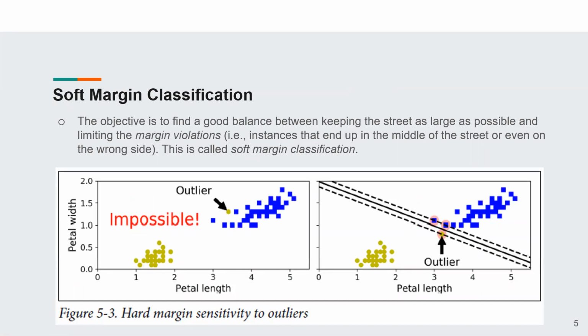What we just discussed is more like a hard margin. You don't want to allow any violation. But in reality, for hard margin problems, the algorithm tends to have difficulty coming back with a good solution if there are outliers.